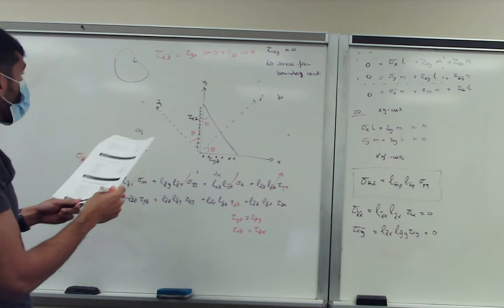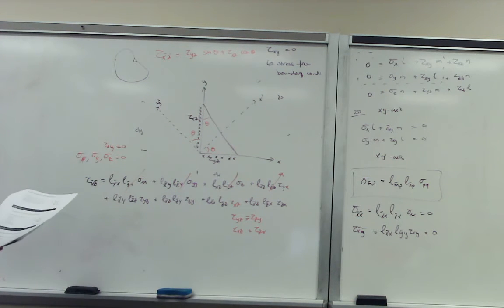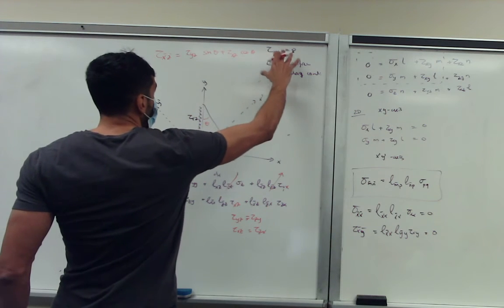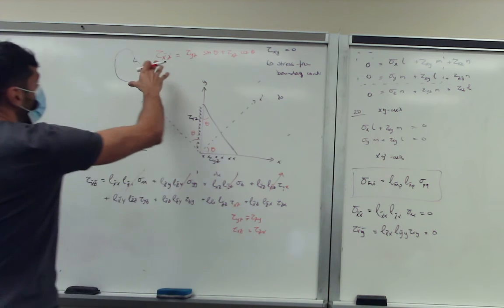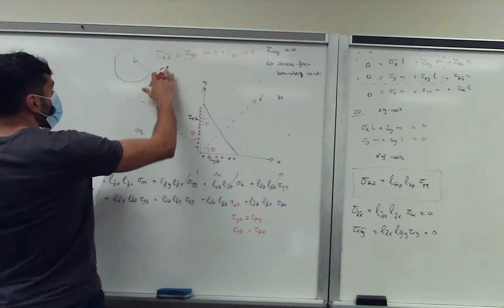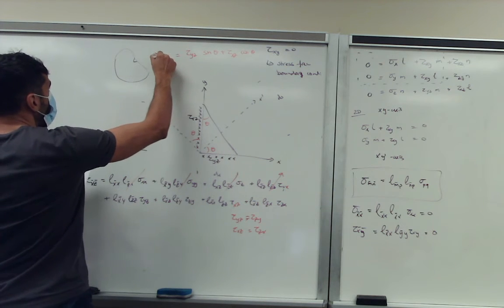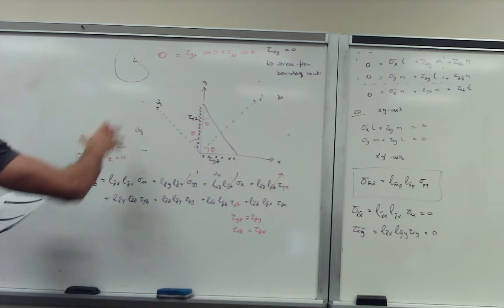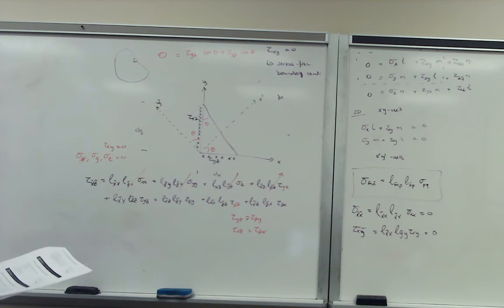And then we can repeat the same procedure for tau yz, and we can also repeat the procedure for any other coordinate axis that we are interested in. But if you remember correctly, we said we have a stress-free boundary condition. So even if we rotate, this must be equal to 0. So this equation must be equal to 0, because we still are on the boundary, and we said that we don't have any stresses at the boundary.